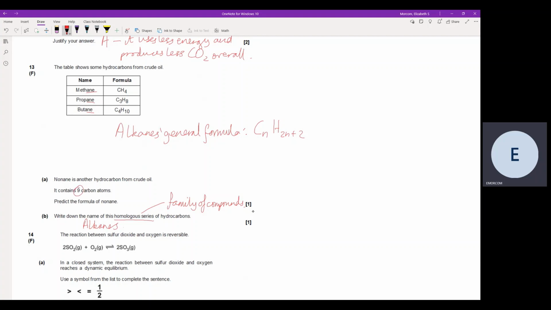So for part A, they've told us that it's got 9 carbon atoms, so n is equal to 9, so it's C9H, 2 times 9 plus 2, which is 18 plus 2, which is equal to 20. So C9H20.